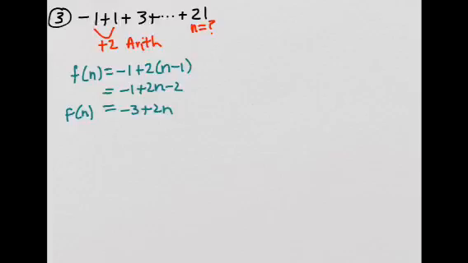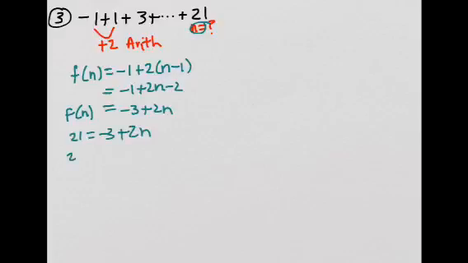So number 3 is very similar to number 1. It's arithmetic. The common difference is positive 2. And I need the explicit formula or explicit rule to find what this n value is right here. So I'm going to replace the f of n with 21 to solve for n.